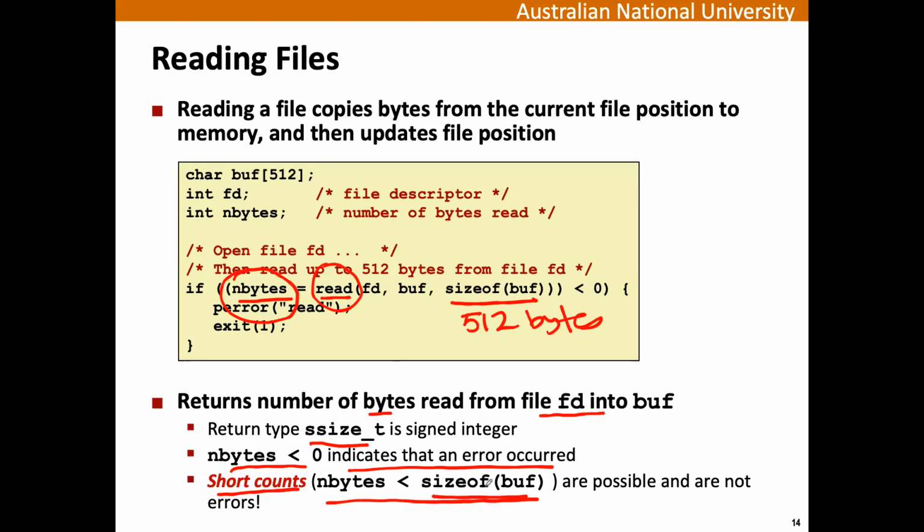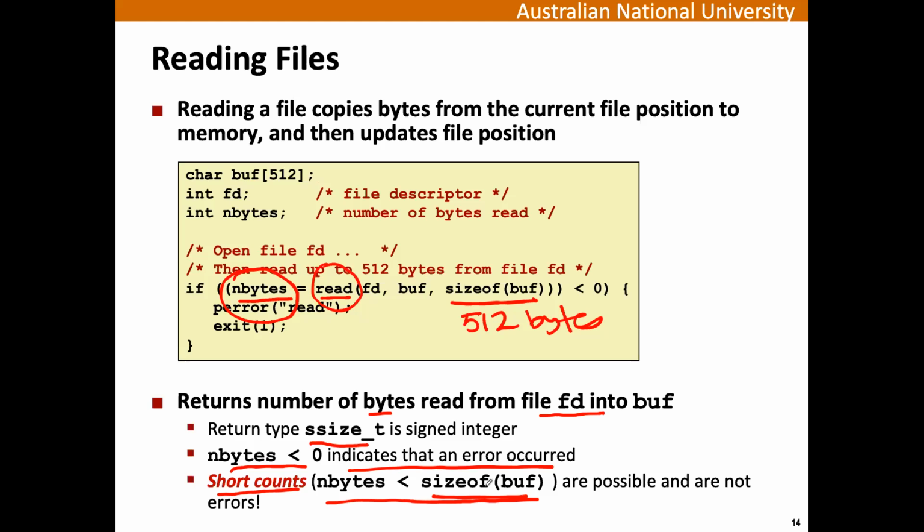This is not an error. This is a condition. The programmer may not know that the file doesn't have that many bytes. The end of the file is approaching, but the kernel knows that. If the programmer says, give me 512 bytes, and there are only 500 bytes, then the kernel will only return 500 bytes because there is nothing after that in the file. And we call this condition short counts.